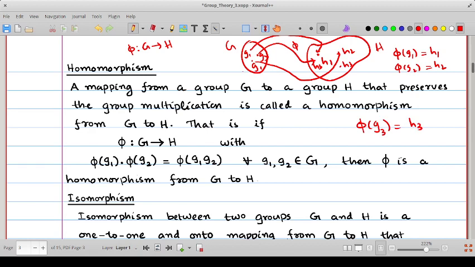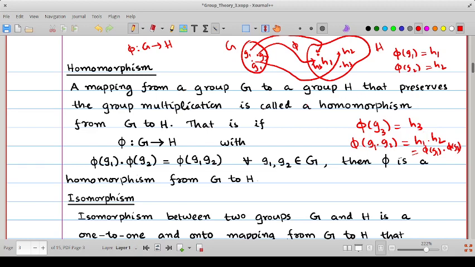So G3 is the result of the composition of G1 and G2. So phi of the G1 composition with G2 is equal to H3. And if this H3 happens to be the composition of this H1 and H2, where H1 is simply phi of G1 and H2 is phi of G2, then such a mapping will be called a homomorphism.